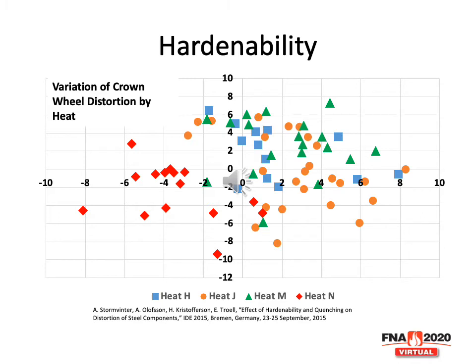And you can see that the different heats of material had different responses to the wheel distortion. The large variation, while it averages about the center, shows that some heats perform differently than the others. For instance, heat J performed in an entirely different fashion than did heat M.